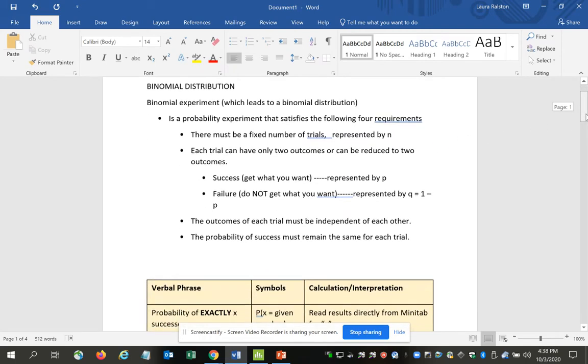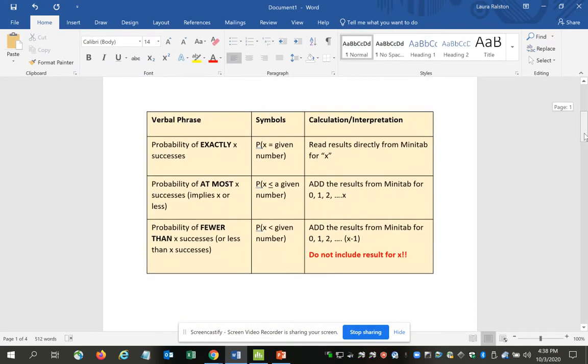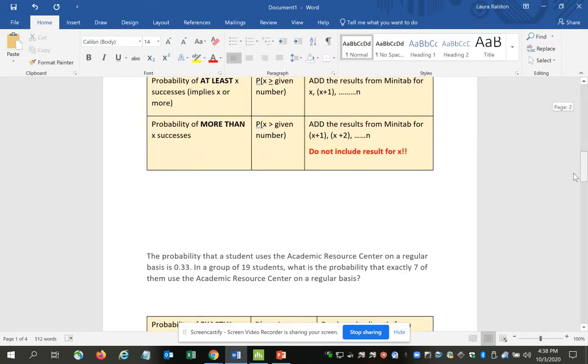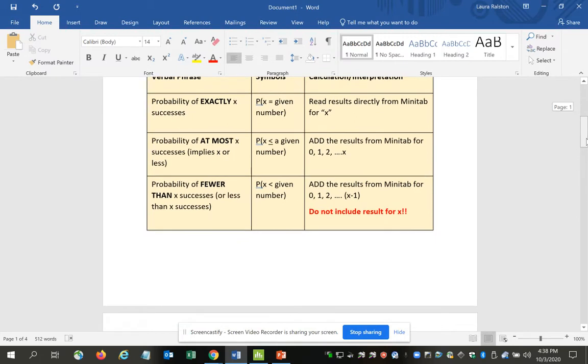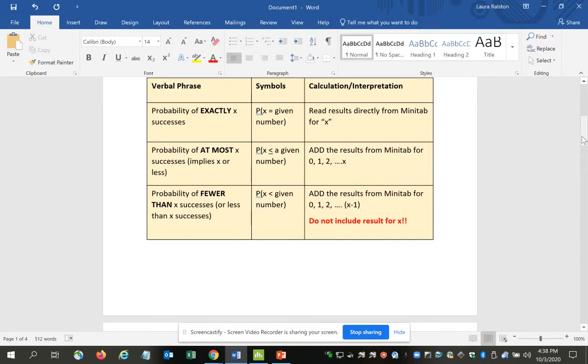The other thing I would tell you is that this table here, which is scrolled over two pages, needs to become your friend. I would strongly encourage you to make it smaller and put it on your note sheet for the midterm.